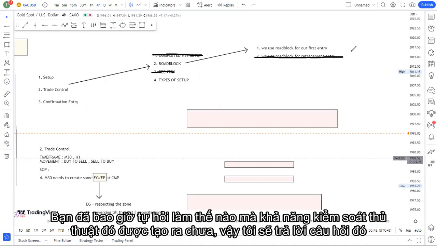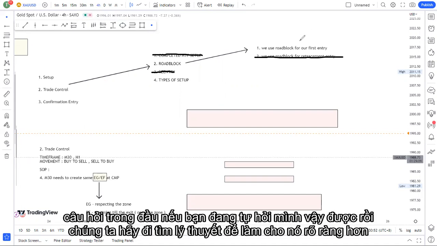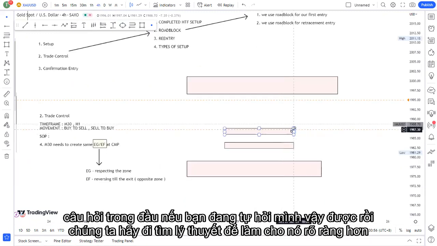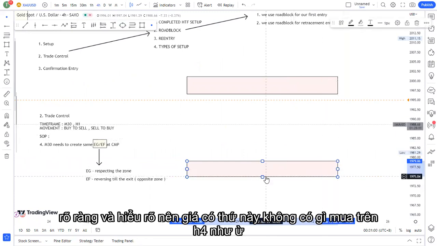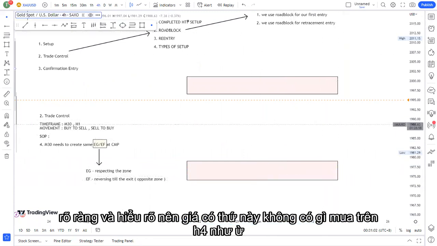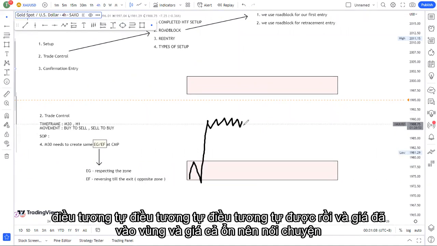have you ever asked yourself how that trade control has been created? I'm going to answer that question in your head if you are asking yourself. Let's go for the theory to make it clearer. The price has this engulfing buy on H4, and the price gets into the zone.